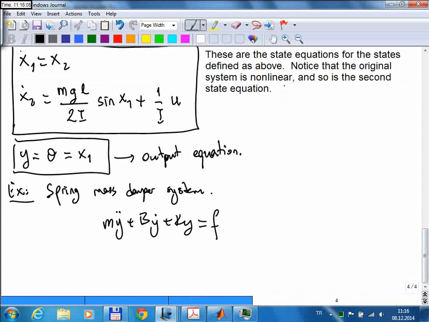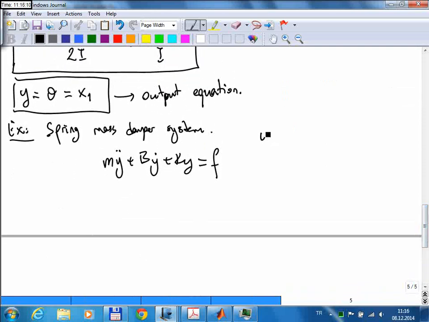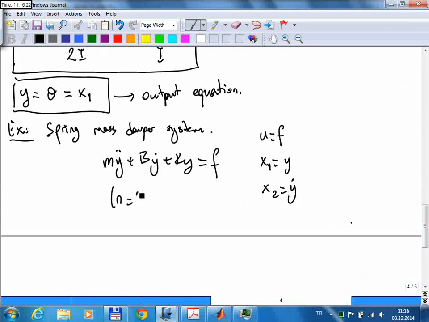Okay, so let's consider this second example. This is a linear system, so it should be really easy. The input is the force applied, and the state variables, let me go ahead and choose them as follows. Why that? Because here we also have m as 2 and m is equal to 0.